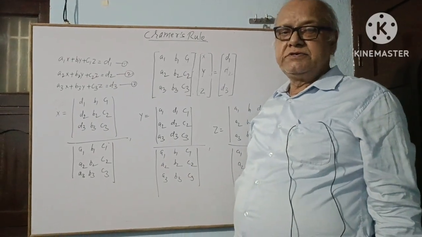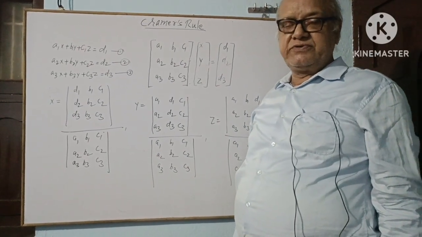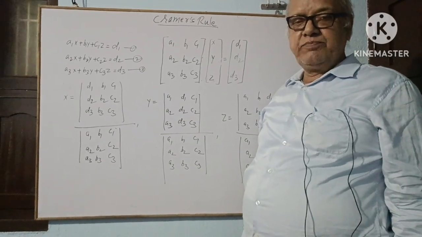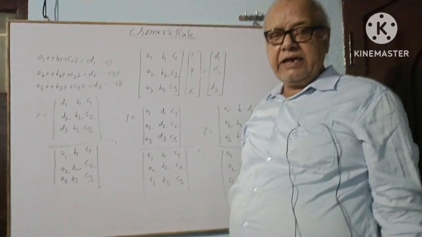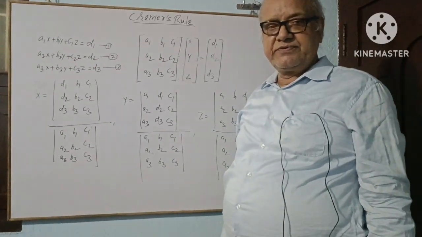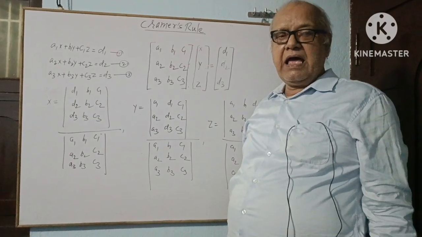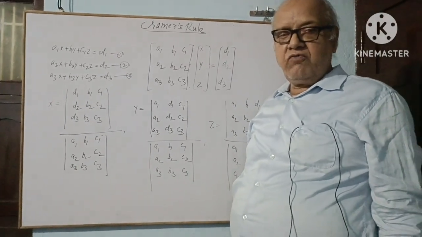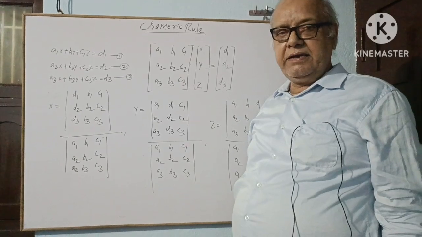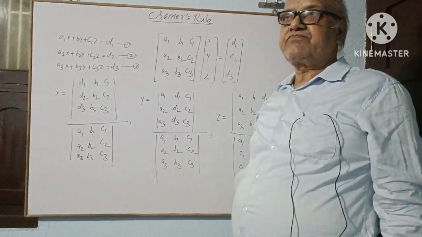This rule is very important for physics honors students and PG students because there are a large number of problems in electronics and current electricity which are very easily solved by applying Cramer's rule.